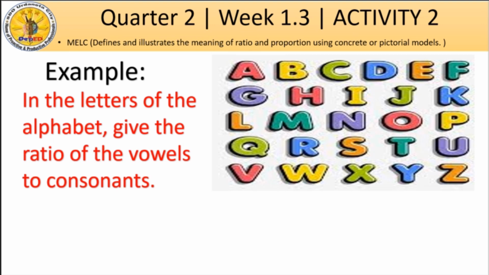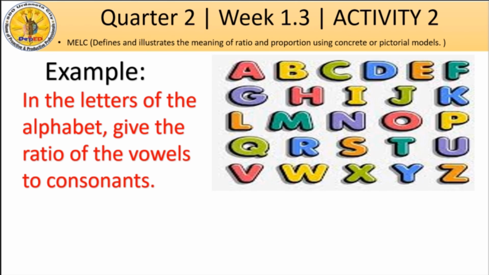Let's have another example. In these letters of the alphabet, give the ratio of the vowels to consonants. I'll give you 10 seconds to answer. So what is your answer? Correct.